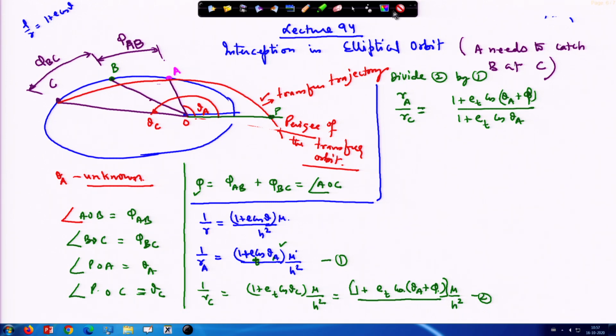Now, we will look into this. R A is the quantity which is known to us, because it is defined by where A is located in the original trajectory. That angle is given, so that position will be known to you.